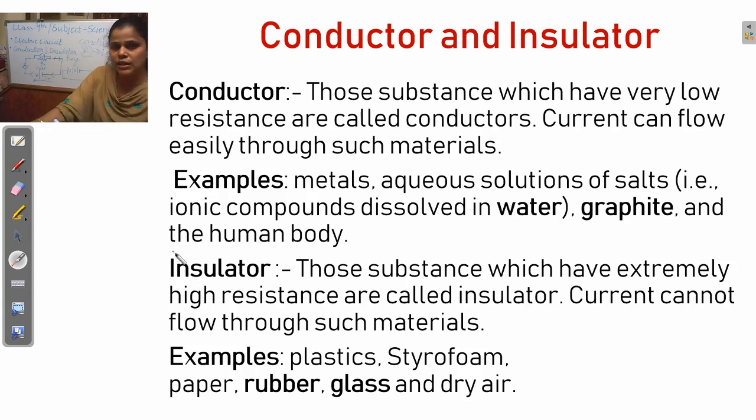Insulators are those substances which have extremely high resistance, and current cannot flow through such materials. Examples are plastics, rubber, glass, dry paper, etc.